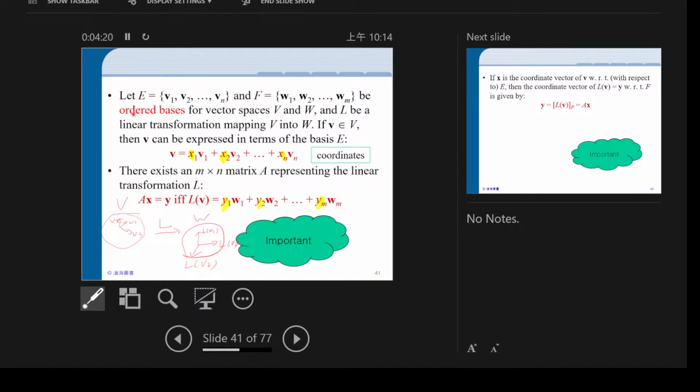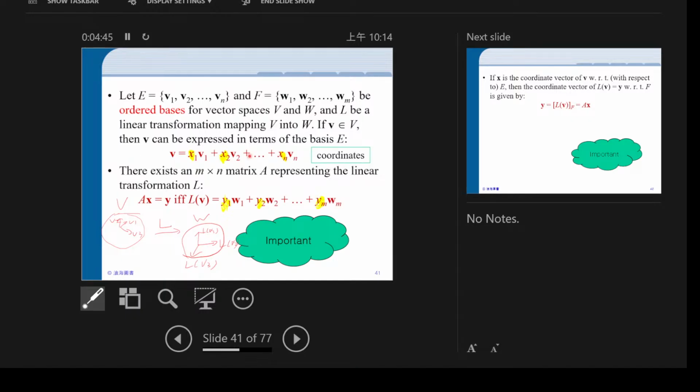Then basically we can write any vector in V and any vector in W as a vector in Rn and a vector in Rm. That's because back in chapter 3, we said that when we have an ordered basis, we can calculate something called the coordinate.